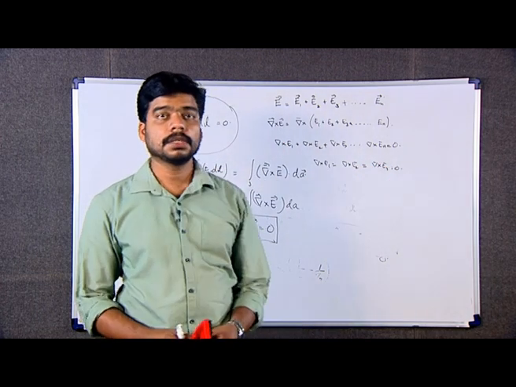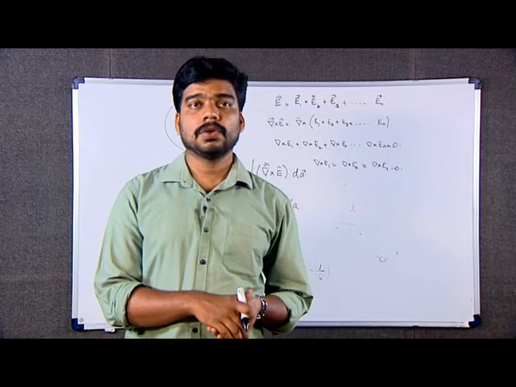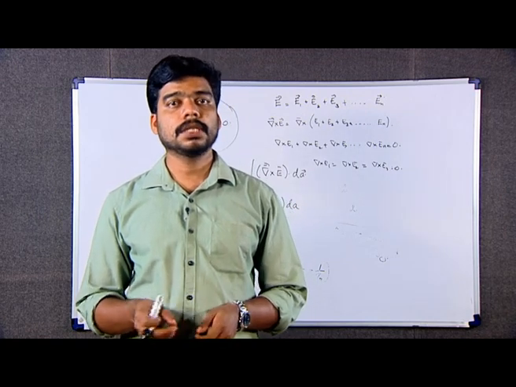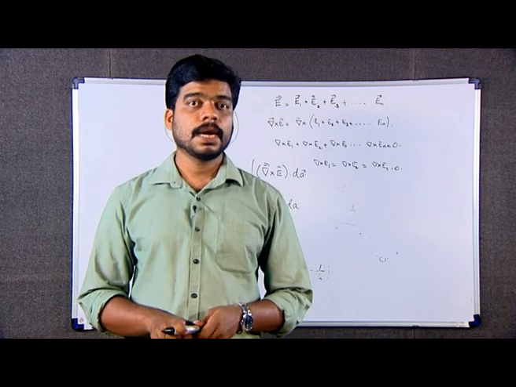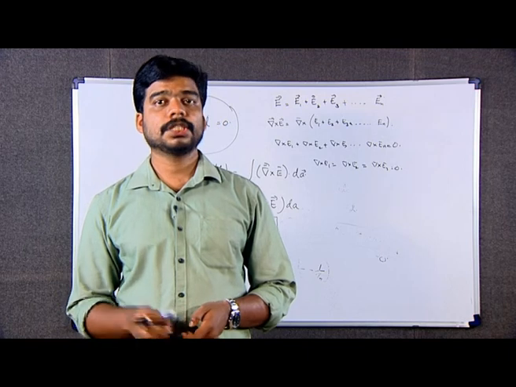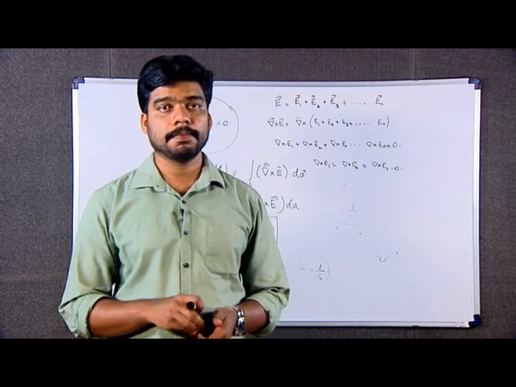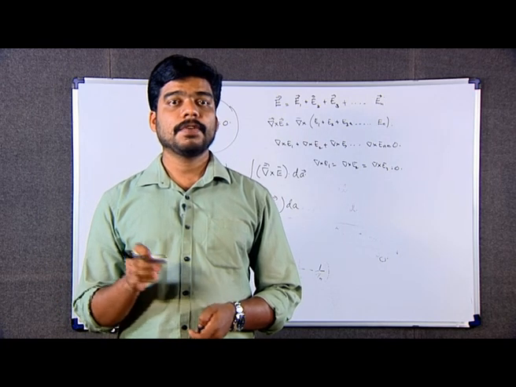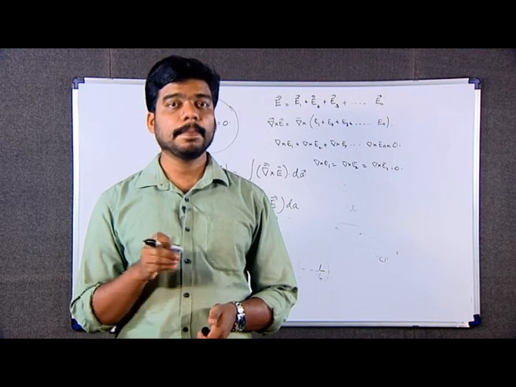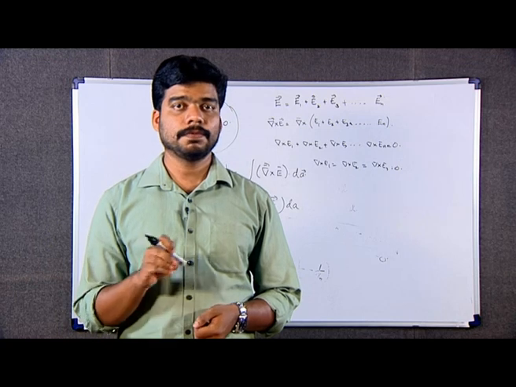Technically, electrostatics can be considered as a study of stationary charge, and the vector field called electric field is having 0 curl and non-zero divergence. This is the main property or the main idea of an electric field.